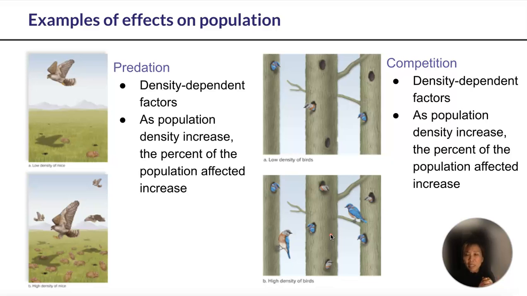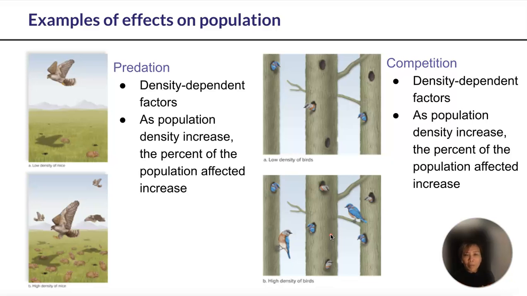So we see this in woodpeckers, where woodpeckers will have to compete for different nesting sites in order to be able to survive. There's only so many tree holes that they can live in and provide for their offspring. So when there are more holes than pairs of birds, every pair gets a home and a hole.